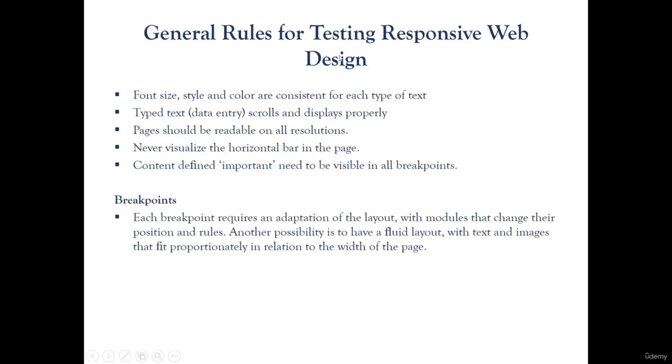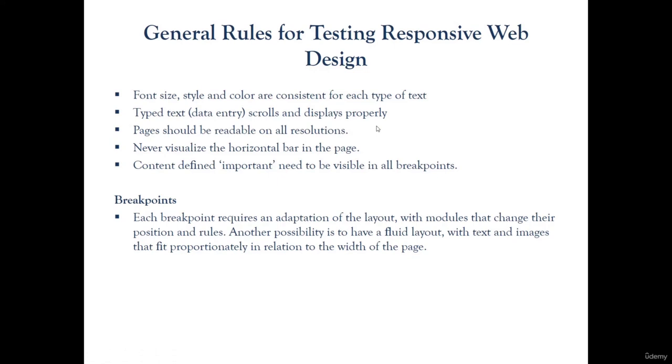General rule of software testing for responsive design: font sizes and colors are consistent for each type of text. Text areas, data entry, scroll and display are properly aligned. Pages should be readable on all resolutions, and you should never see a horizontal bar on the page.